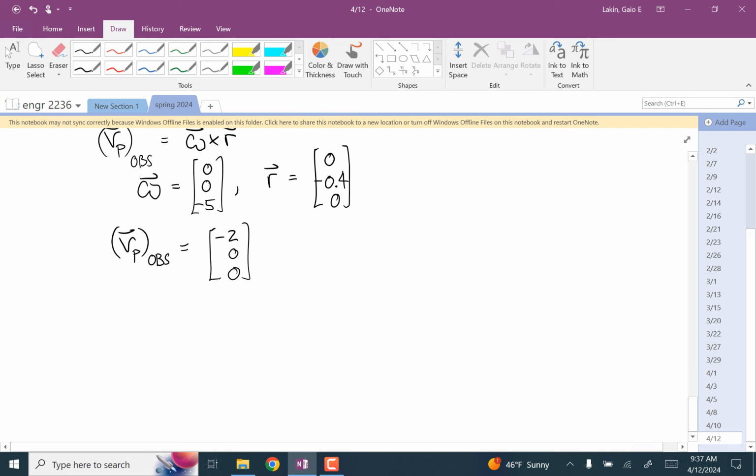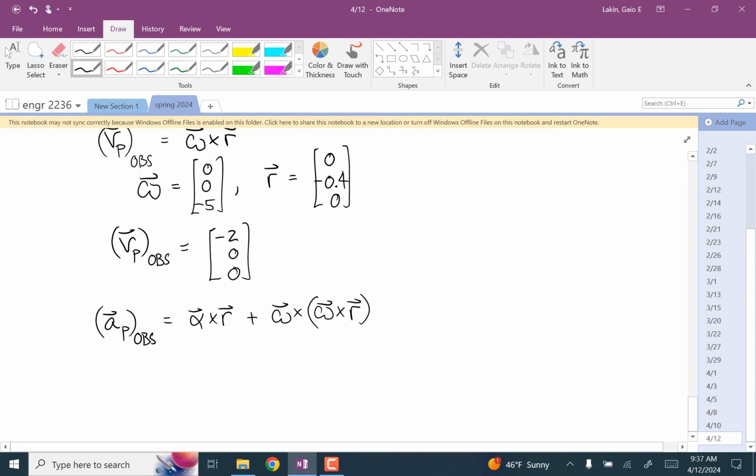And now we'll do the same thing with the observed acceleration. What do we use to calculate the observed acceleration? Yep, exactly. Yep, because it's just circular motion. So alpha cross R plus omega cross quantity omega cross R. We already know omega and R. We just need alpha.